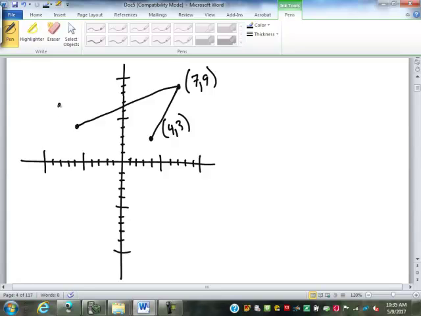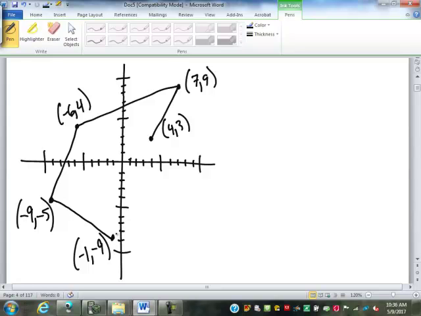A point over here at negative 6, 4. A point here at negative 9, negative 5. A point here at negative 1, negative 9. A point here at 8, negative 4. And then back to the starting point. Kind of an ugly looking shape, isn't it?